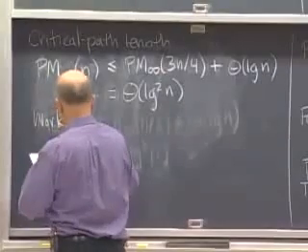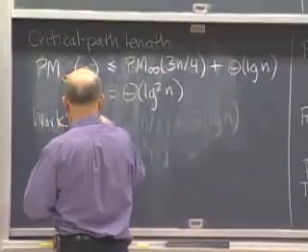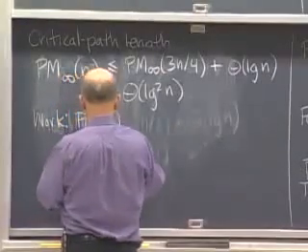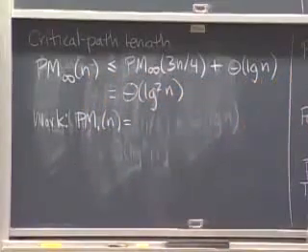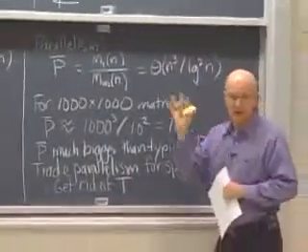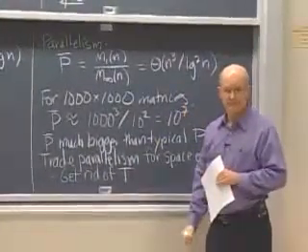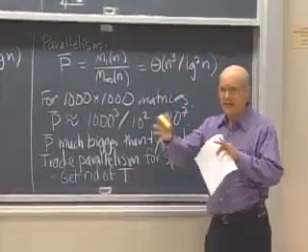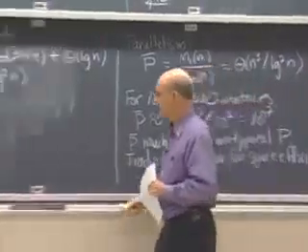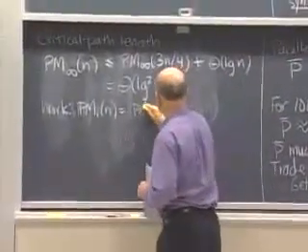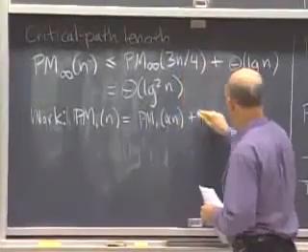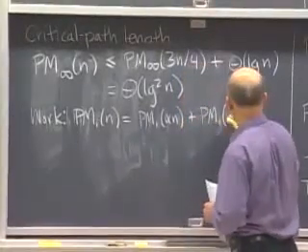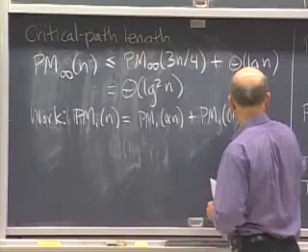Okay, so the work is P_m1 of n is equal to... okay, so we don't know what the split is. So let's call it alpha. So alpha n in one side. And then the work on the other side will be P_m1 of 1 minus alpha n.